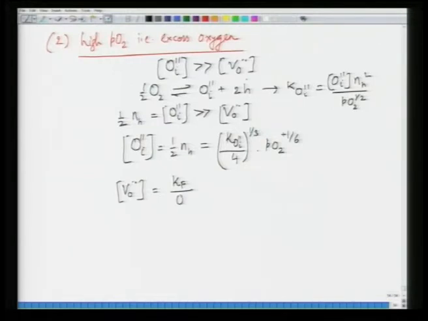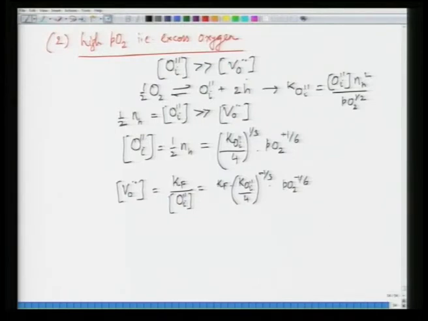So Kf divided by OI, and this would be equal to Kf into KOI divided by 4 to the power minus 1 by 3 into PO to the power minus 1 by 6.